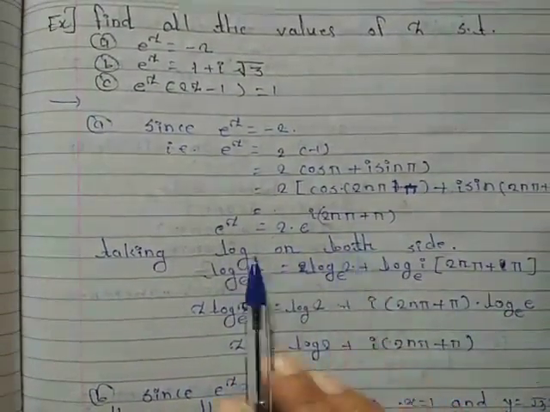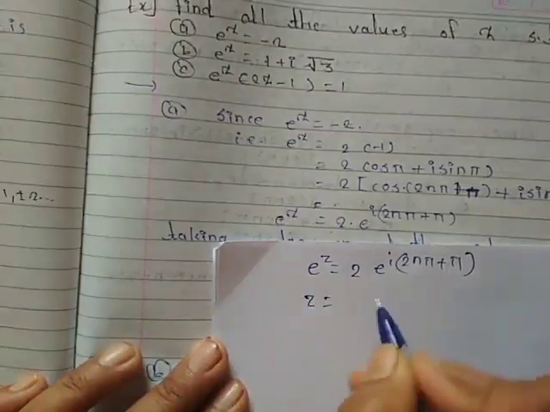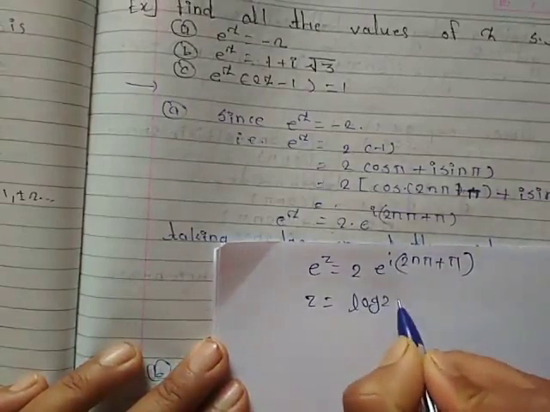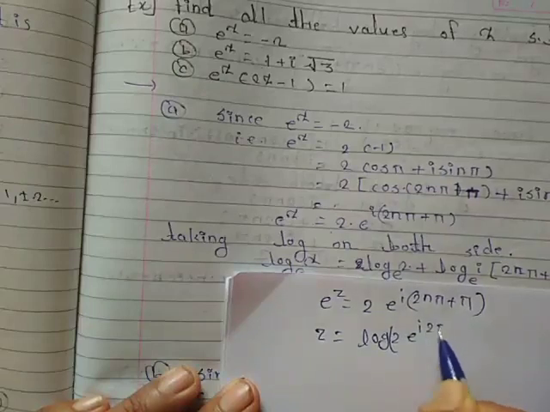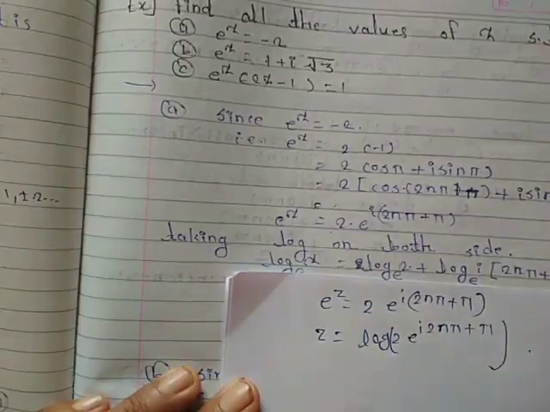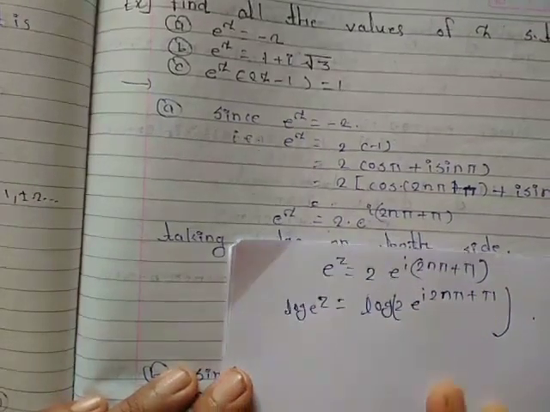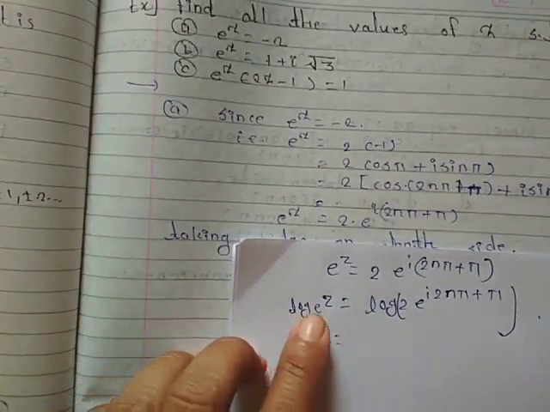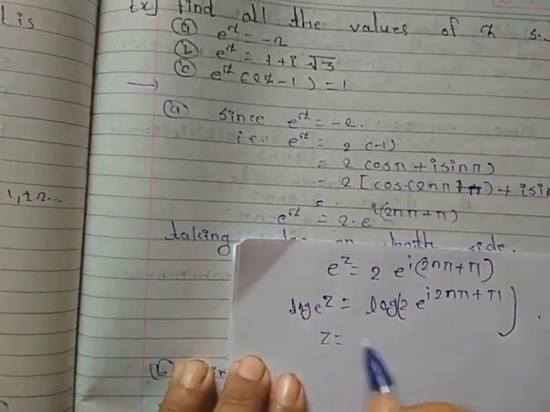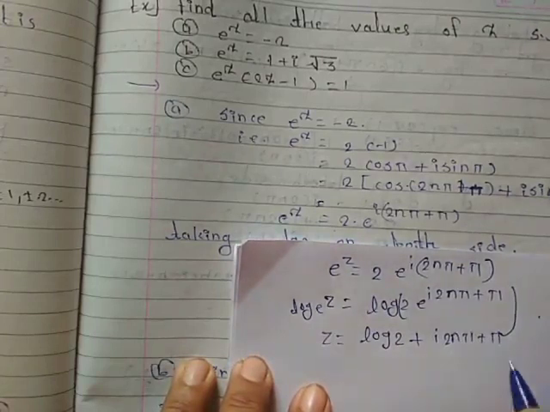Taking log on both sides, we will get z is equal to log of 2 into e raised to i into 2n pi plus pi. Actually this is log of e raised to z. Here this is log to the base e, so here we will get only z. This is log 2 plus i into 2n pi plus pi.